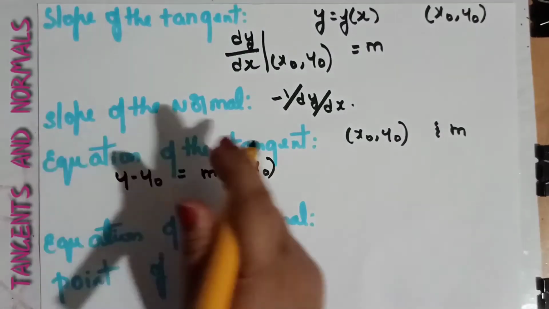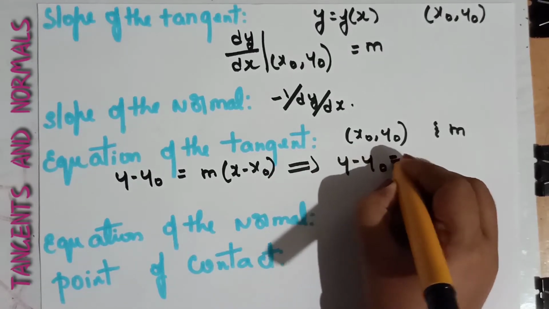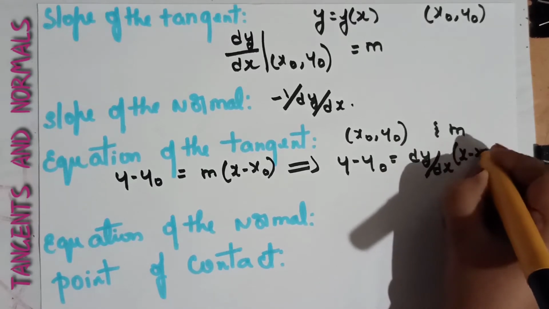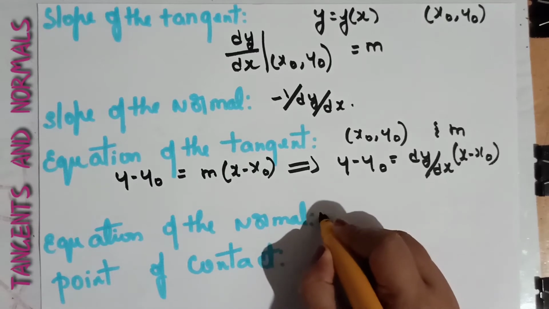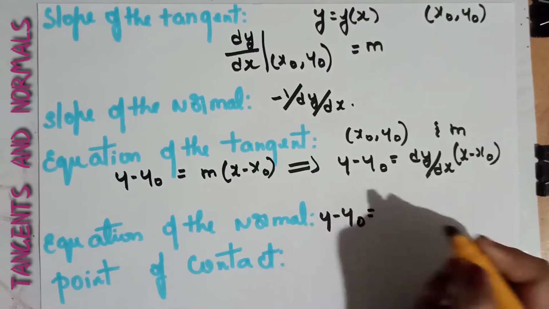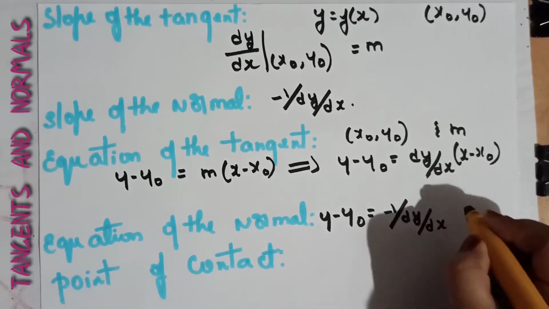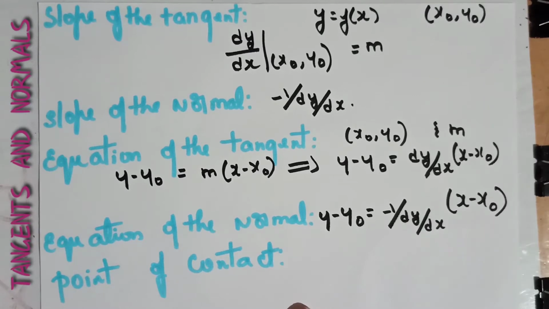That means equation of a tangent is given by y minus y naught equal to dy by dx into x minus x naught. Similarly, equation of the normal will be y minus y naught equal to minus 1 by dy by dx into x minus x naught.